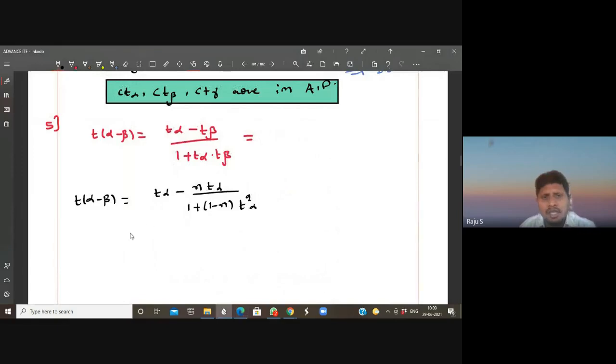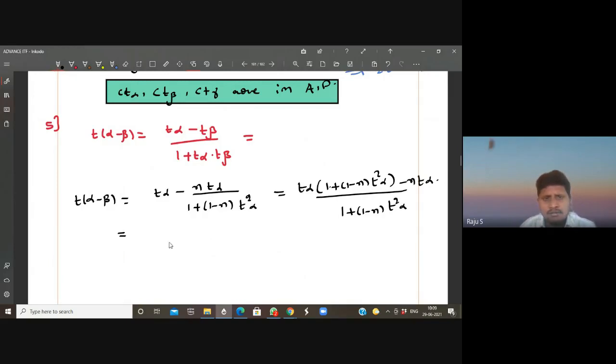Now take LCM. What is the LCM, students, here? LCM is 1 plus 1 minus n into tan square alpha. Then tan alpha into 1 plus 1 minus n tan square alpha, minus n tan alpha. Right?